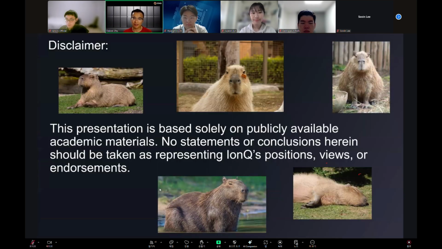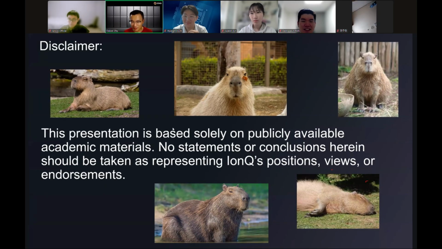So first, a disclaimer. The company requires a typical disclaimer of a different style, but I just don't like that style. It's very corporate, very legally correct, but sounds very boring. So I put a lot of cute animals here to make the vibe more friendly. But anyway, what I'm saying is still the same thing.